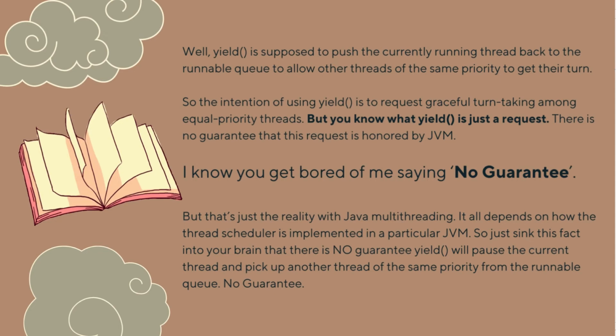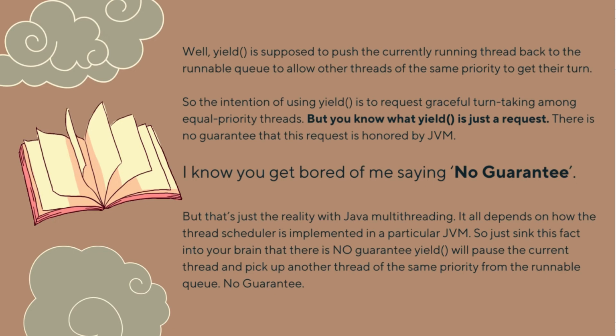It all depends on how the thread scheduler is implemented in the particular JVM. So just sink this fact into your brain that there is no guarantee. The yield method will pause the current thread and pick up another thread of the same priority from the runnable queue. Again, no guarantee, right? Just remember that.